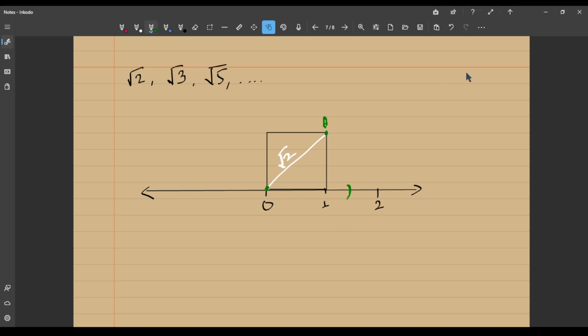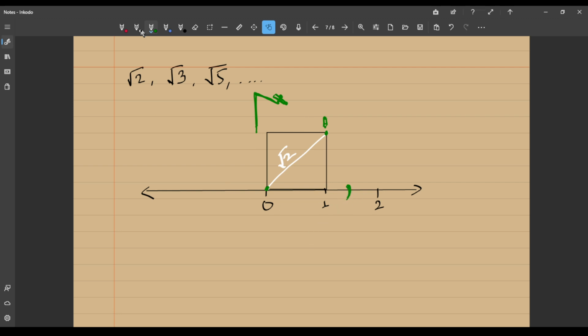So if you want to picture this, say that this is my compass, this is the needle part, and this is my pencil arm. So I measure this distance and I cut it here.